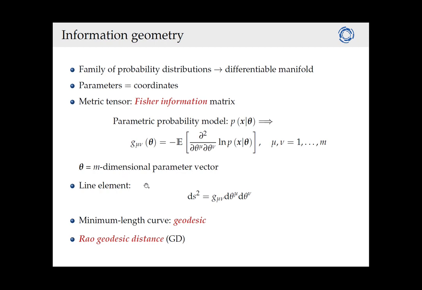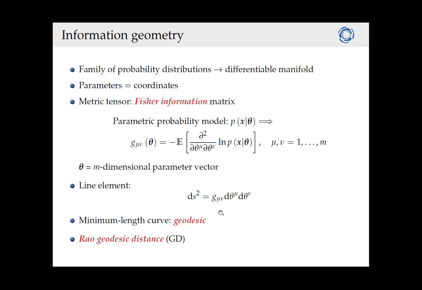And the line element, which can be thought of intuitively as the infinitesimal distance between 2 points on that manifold, is calculated by this second order sum involving the coefficients, so the entries of the Fisher information, the metric tensor.